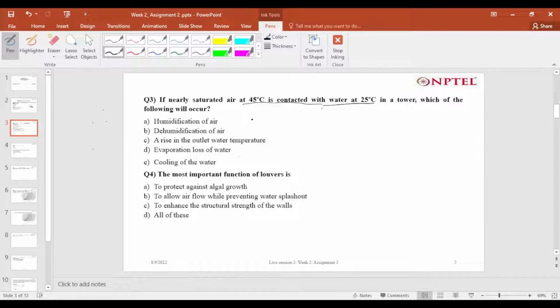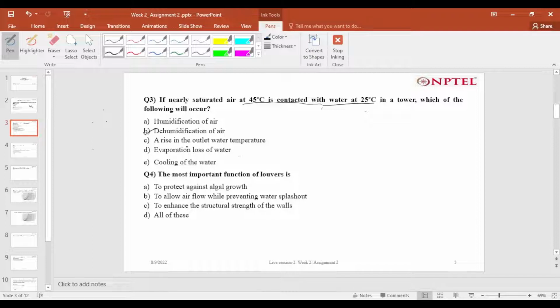If hot air is contacted with cold water, which process occurs? Water temperature means 25, so it is cold water, right? So dehumidification of air, this process occurs, right?